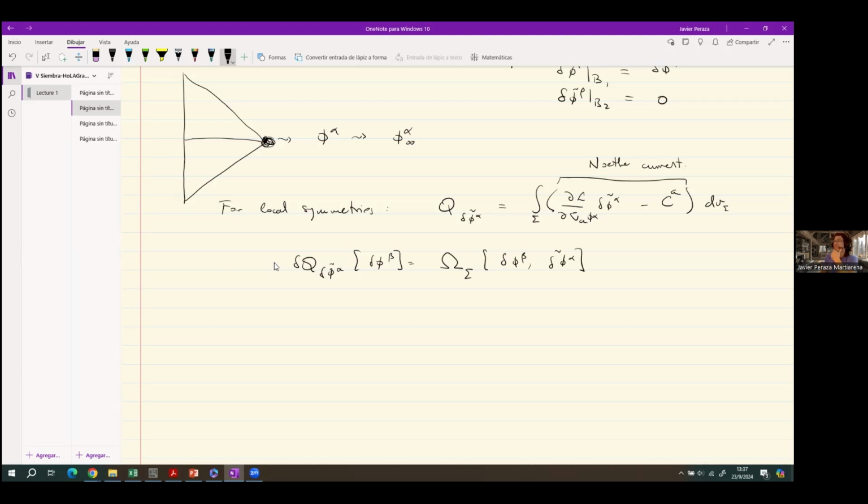So whenever we compute the variation of the charge along an arbitrary direction, we can also compute the symplectic form on those two vectors, and we obtain the variation of the charge. This is the integrability property of the Noether charges.